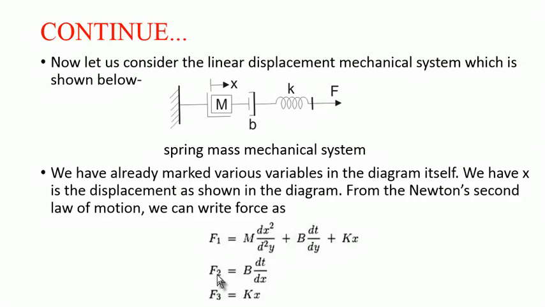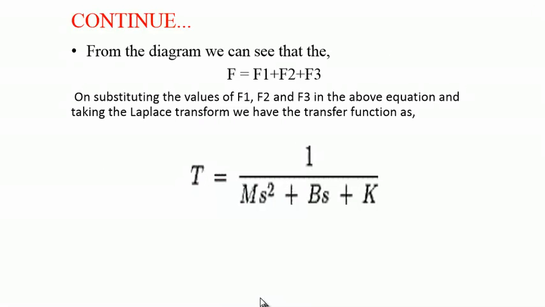Next, F2 is nothing but b dx/dt, and F3 is kx. Next, from the diagram we can write f is equal to f1 plus f2 plus f3.